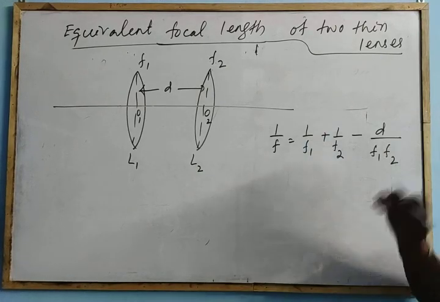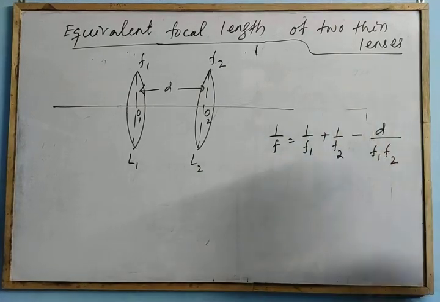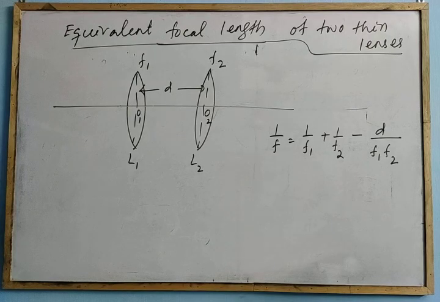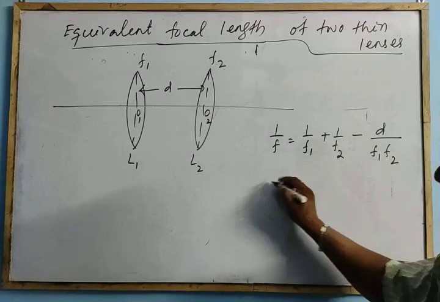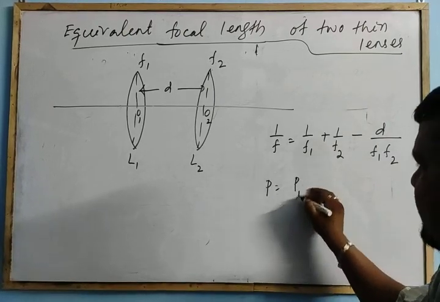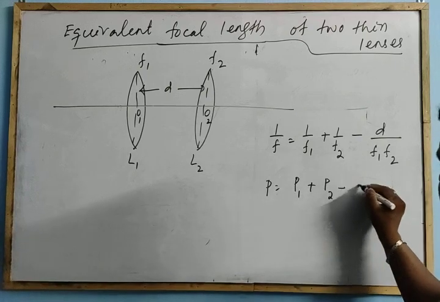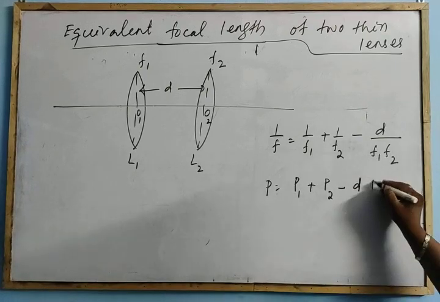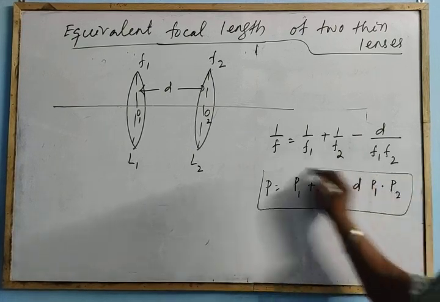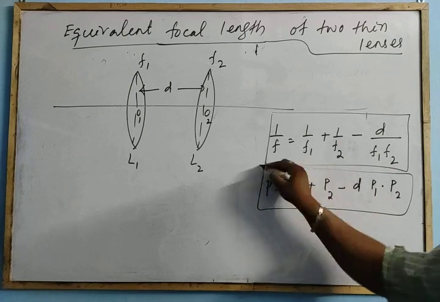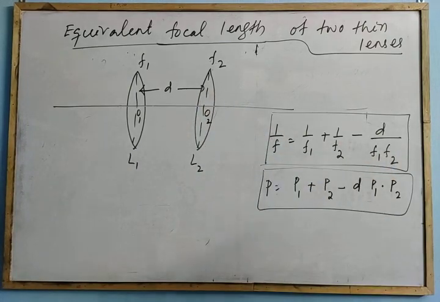You can derive that, derivation is not required, but the formula is very, very important. If you write in terms of power, the equivalent power P is equal to P1 plus P2 minus d P1 into P2. This is the form of equivalent power if the lenses are separated by a small distance d.